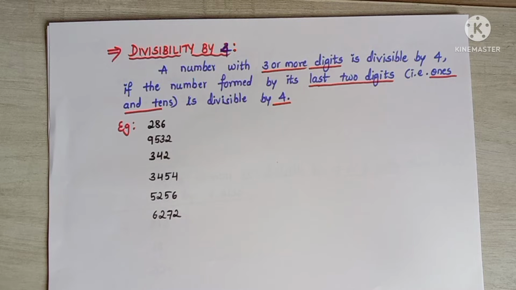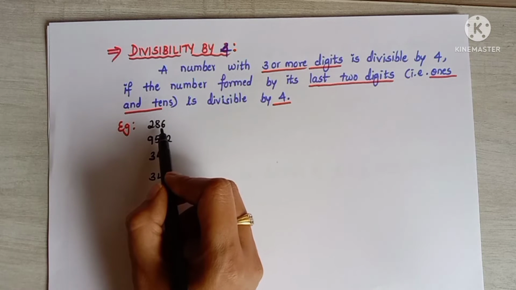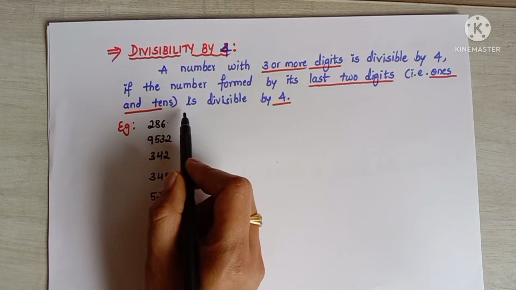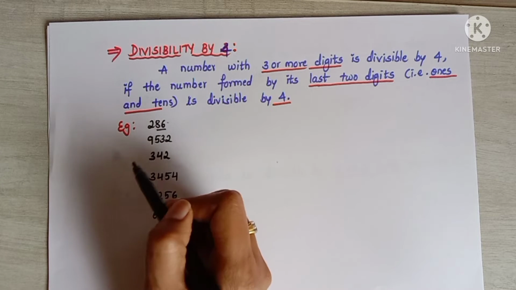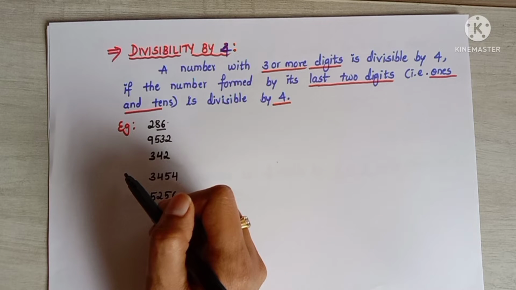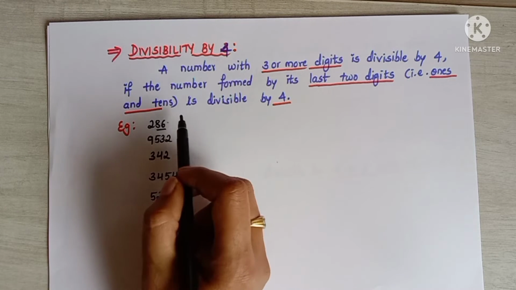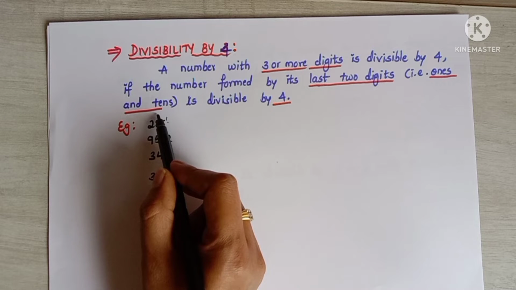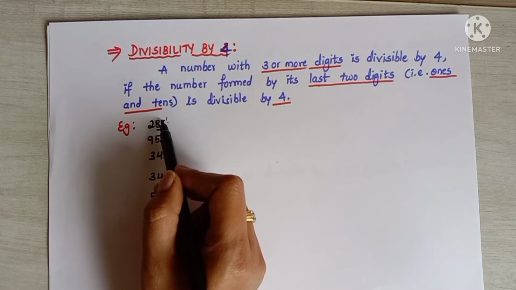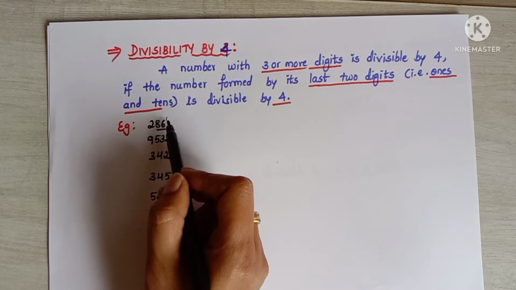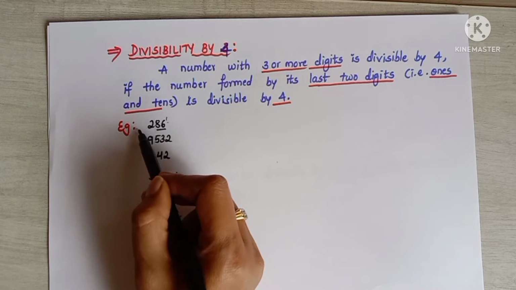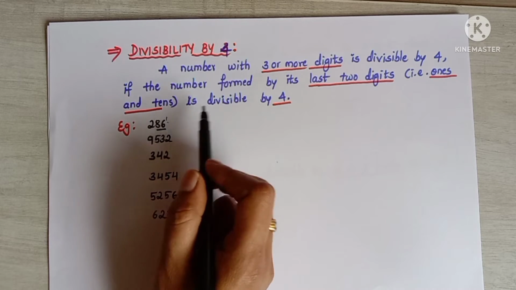If it is divisible by 4, then its last 2 digits, that is the ones place and tens place, will be what? Divisible by 4. Okay, if a given number is divisible by 4, it means that its ones and tens place should be a multiple of 4. Then we can say that this whole number is divisible by 4.